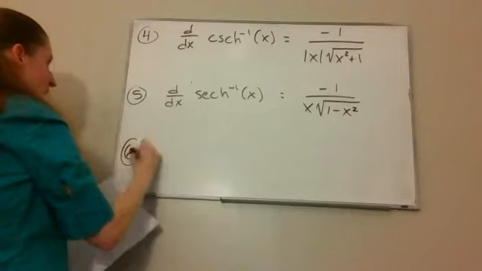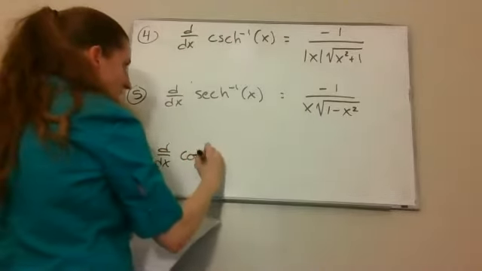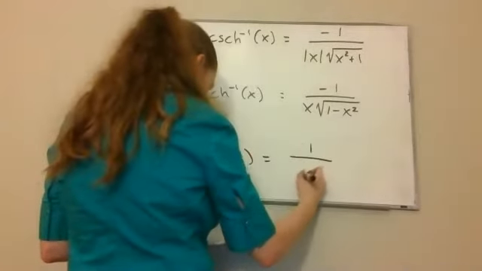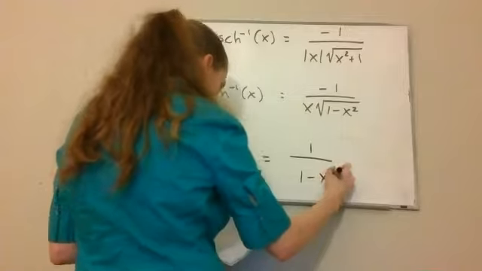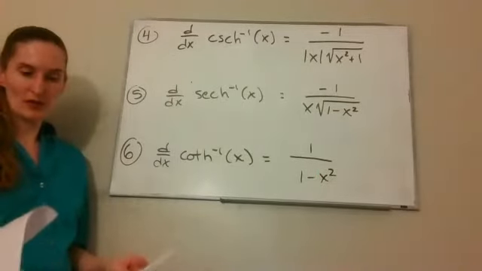And then our last one, the derivative of hyperbolic cotangent inverse of x is 1 over 1 minus x squared. So now we're finally ready to do a couple of examples.